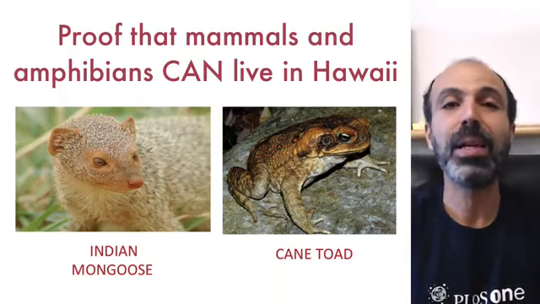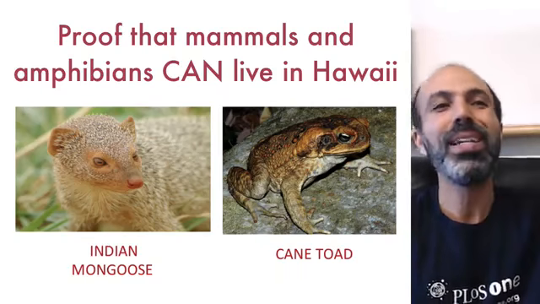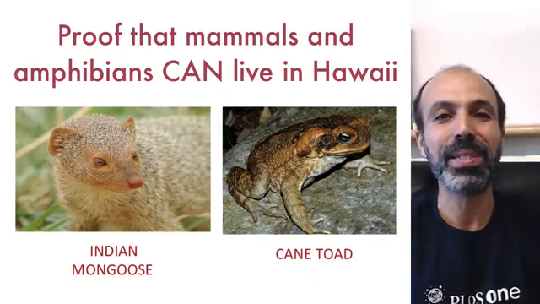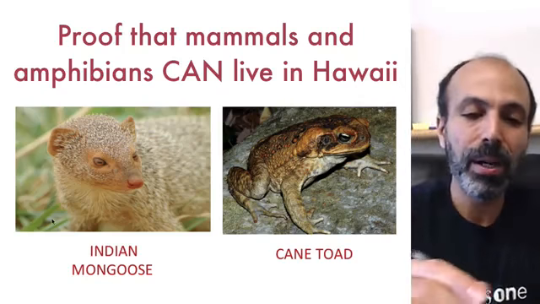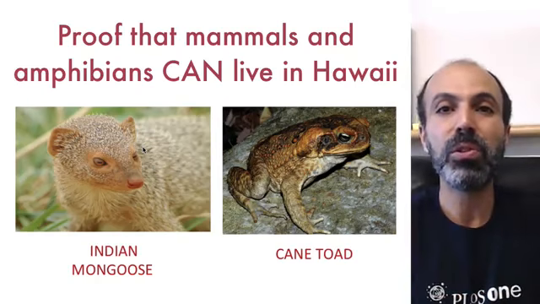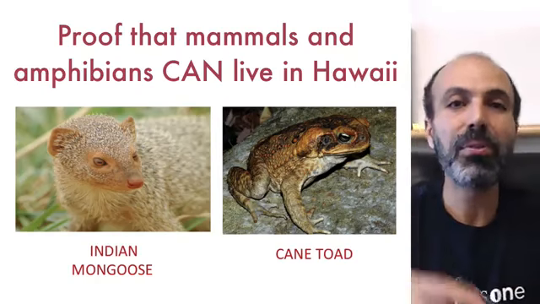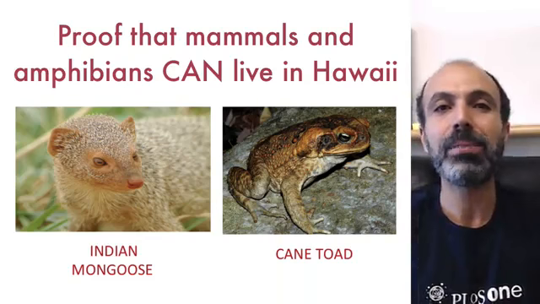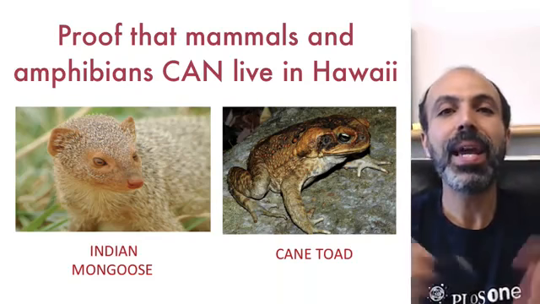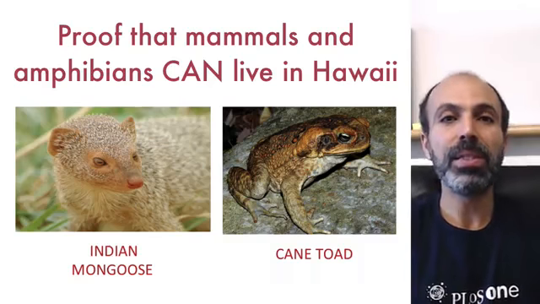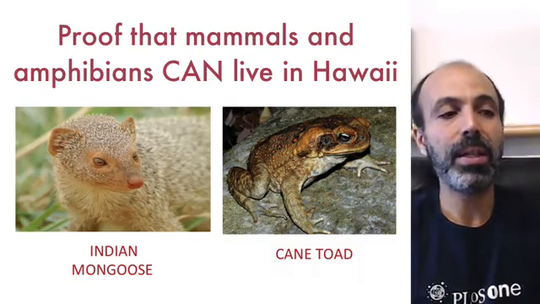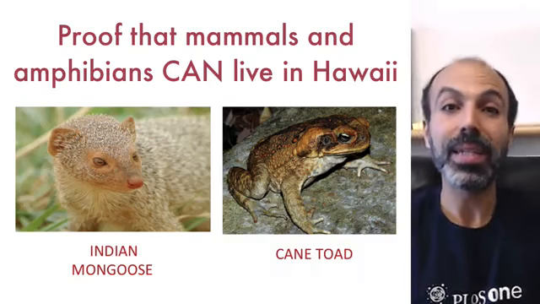This is an amphibian, and it's destroyed tons of the native fauna that are present on these islands. So clearly it's okay. The Indian mongoose shows an example of a mammal that was introduced to Hawaii, and again, killed off a lot of the native fauna, and it's a big pest species there. But they can live on these oceanic islands. So we hypothesize that the reason that they're not found on these islands is because they couldn't get there.